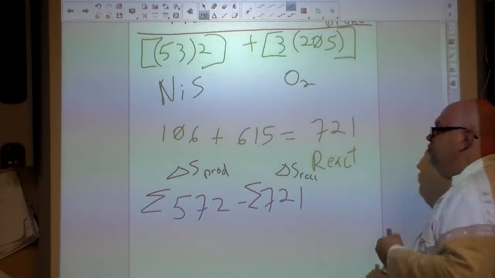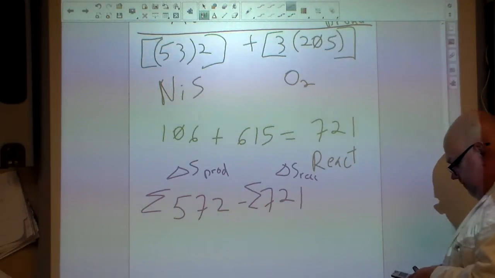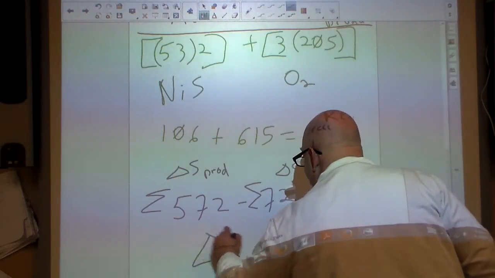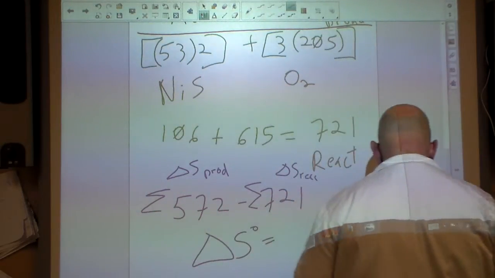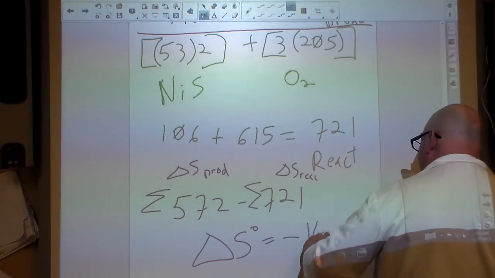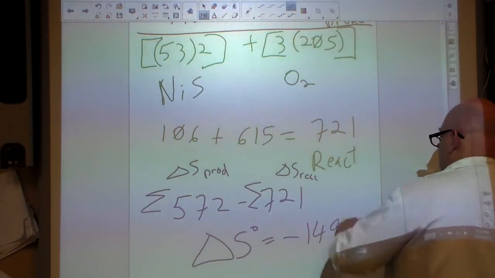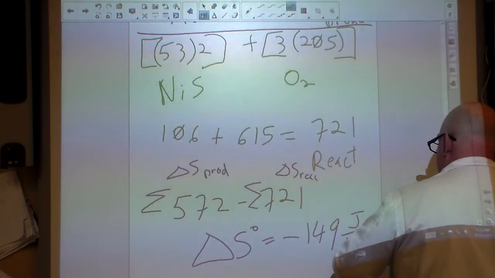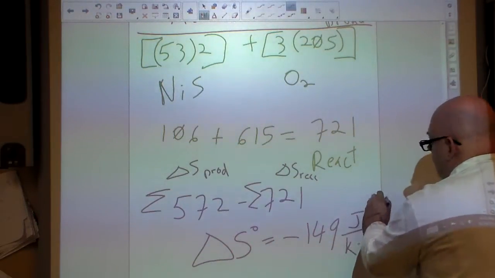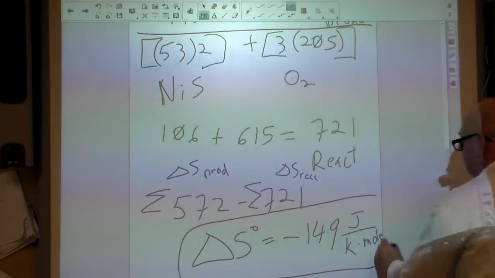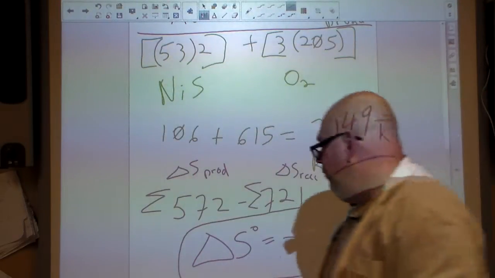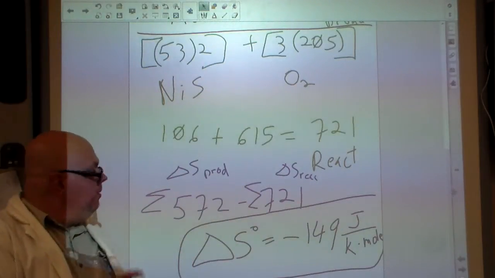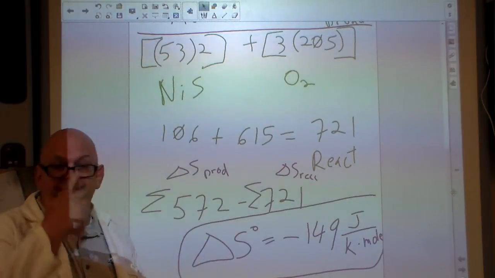So 572 minus 721 equals our delta S for this equation, which is minus 149 joules per Kelvin times mole. That is our final answer. Negative 149. It's pretty easy once you get used to it.